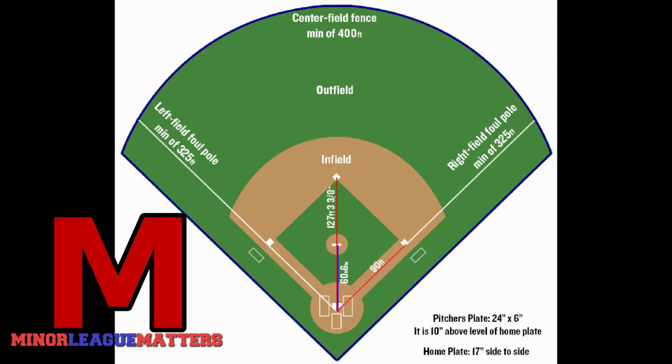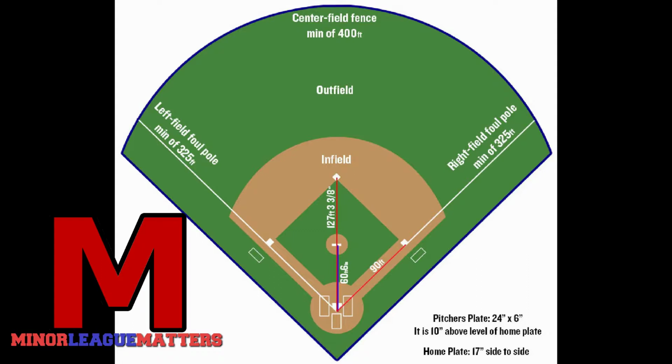You get down to the infield, the area where there's mainly a lot of dirt. You end up with 4 bases. There's home plate or home base, which is down at the bottom, and to the right-hand side, as you go up 90 feet, is what's called first base.